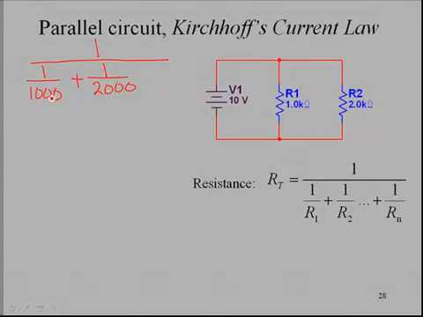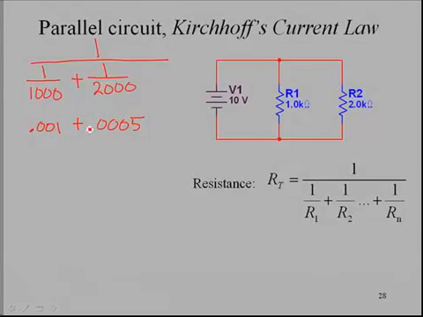Now 1 over 1,000, that's going to be about 1,000th, or 0.001. And 1 over 2,000 is going to be half of that, so that would be about 0.0005.